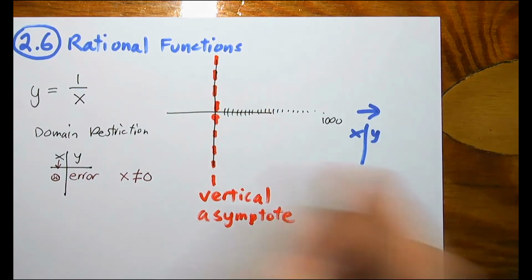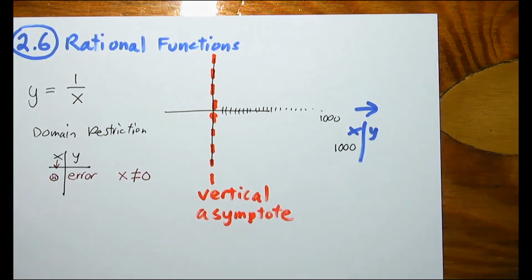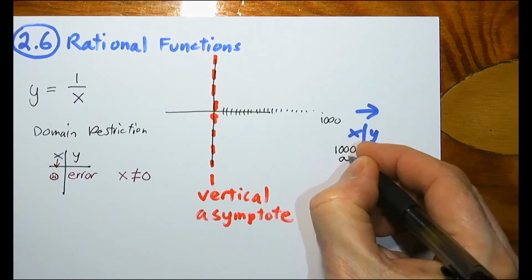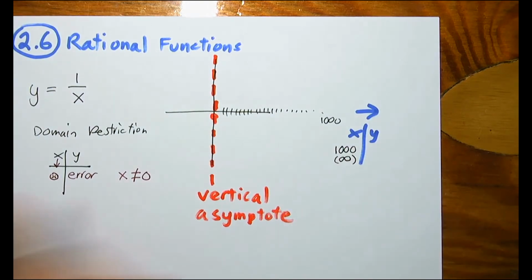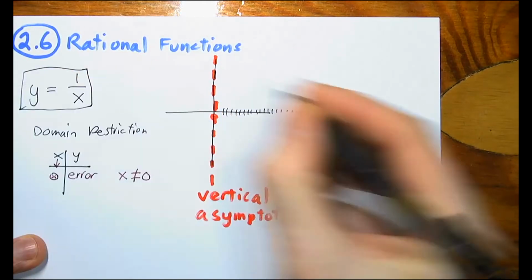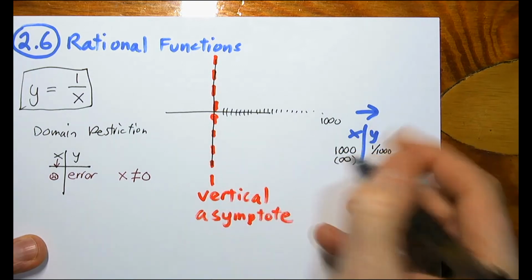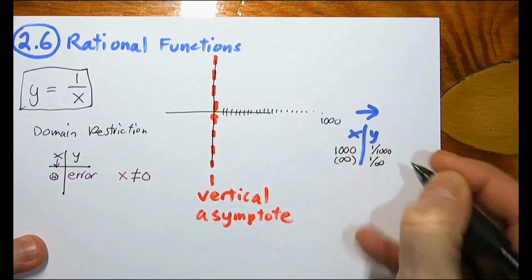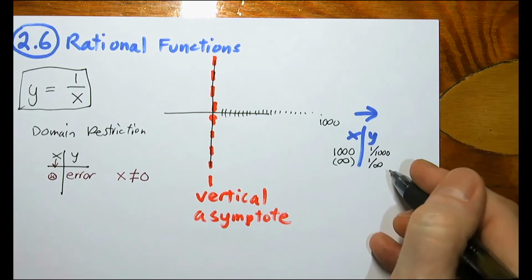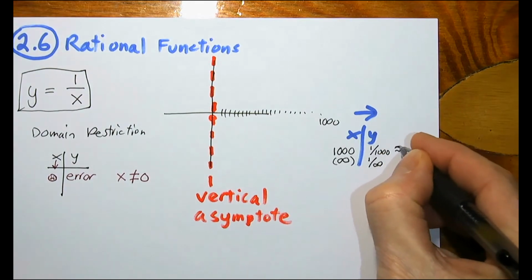So what we're going to do is plug in a giant number like 1,000, or you could plug in infinity, and just plug it into your equation. Here's our equation. 1,000 would be 1 over 1,000. Or if you want, you can plug in infinity, 1 over infinity. If you got 1 out of 1,000 right, that's your score.